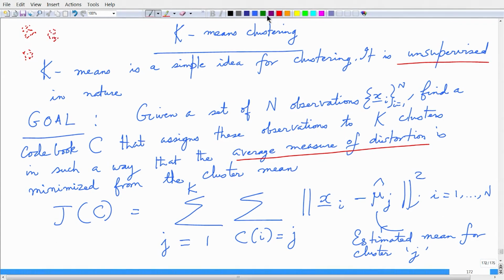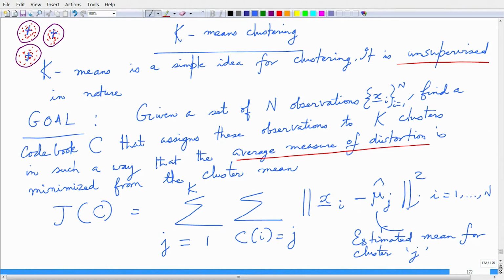So, naturally I can form 3 clusters here, and instead of representing the cluster through individual data points, I just have one label for each cluster, and that should be typically the cluster mean indicated by these blue crosses, right.